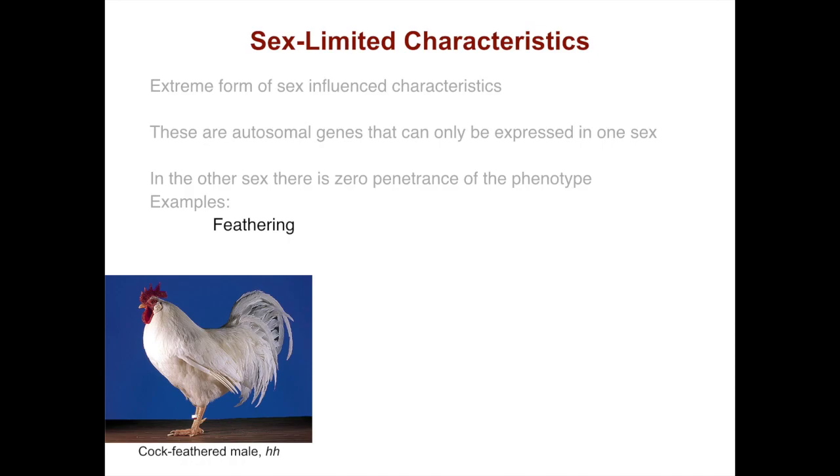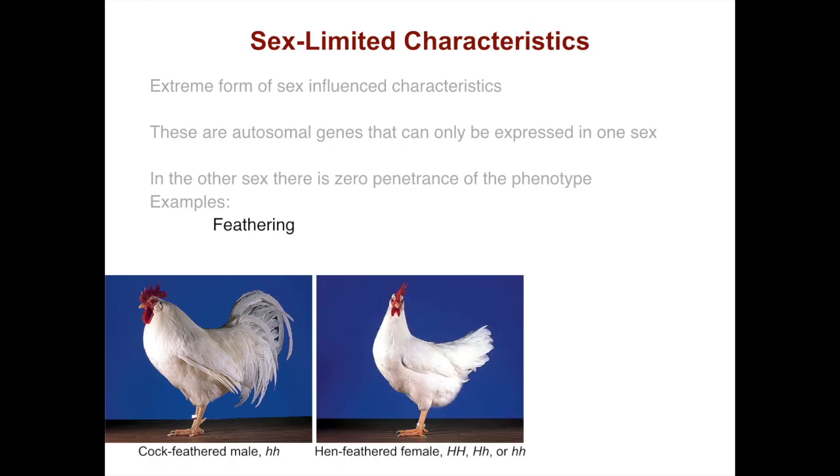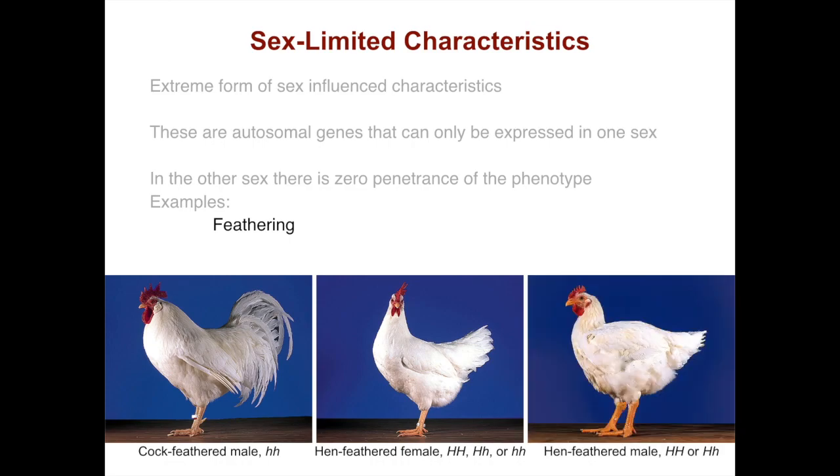So you have a cock-feathered male that is homozygous for the cock-feathered allele. Females can be of any genotype at this locus, and they do not express cock-feathering. For this locus, males need to be homozygous for the recessive allele in order to show cock feathering.